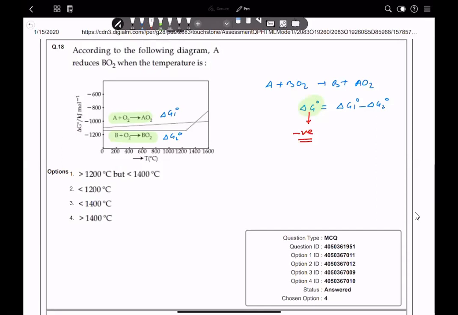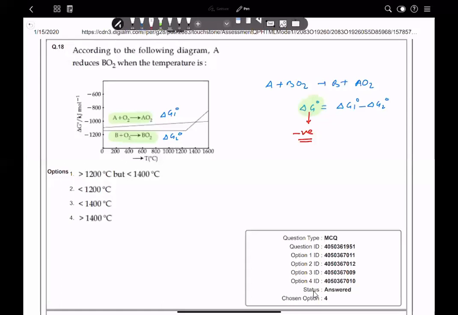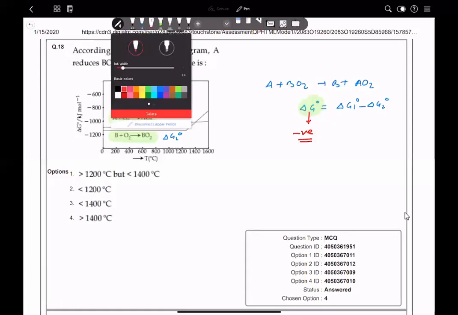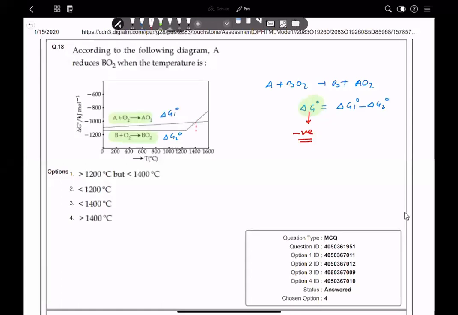A reduces BO2 to B. So at the point of intersection, if you highlight the temperature, you can see it's 1400 degrees Celsius.